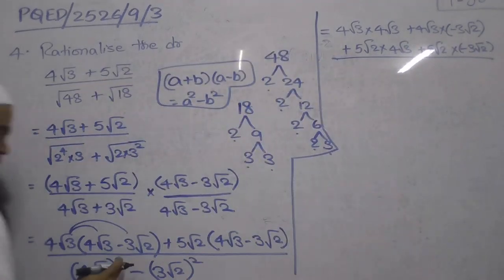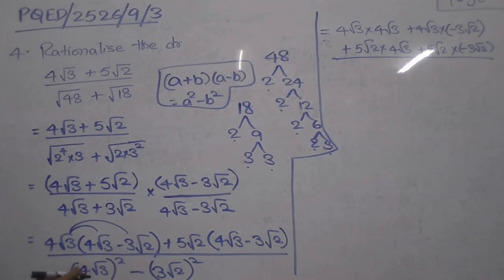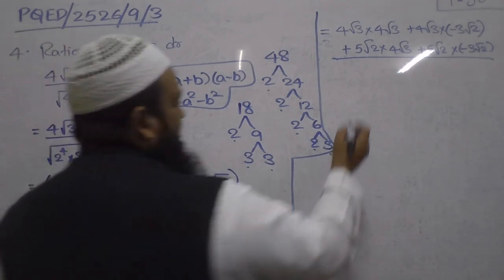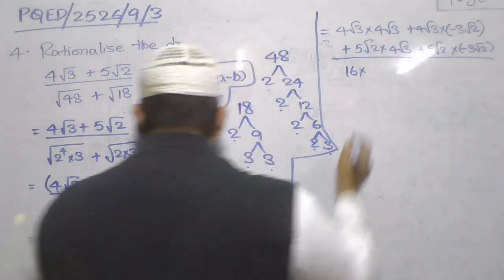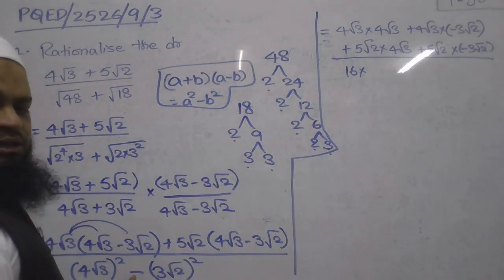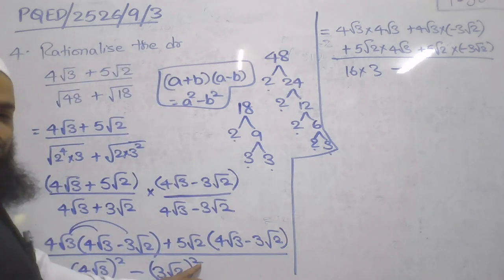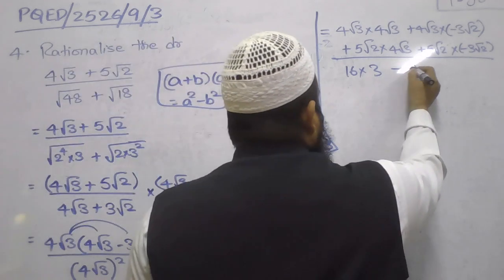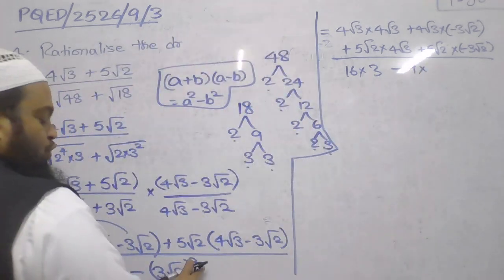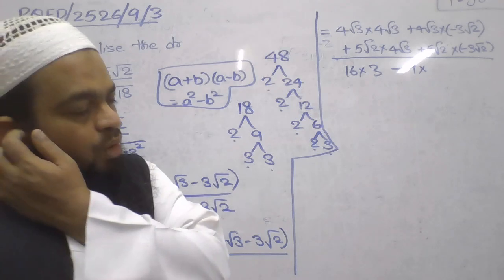So now the square is distributed to both the terms, right? 4 square means 16 multiplied by root 3 whole square is 3. So 3 minus, now 3 square. What is 3 square? 9 multiplied by root 2 square. Root 2 square is what? 2.